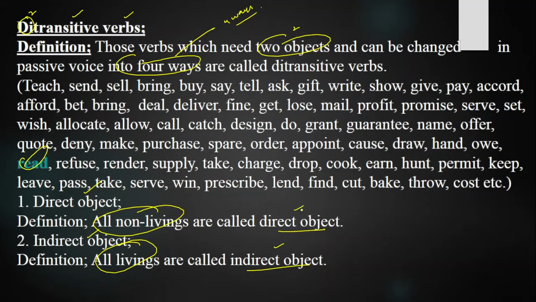Now we will have the examples from today's ditransitive verb, read. For example, I say you read me. Now definitely you cannot read me. I am not a newspaper or an article. For that you need to put the second object.